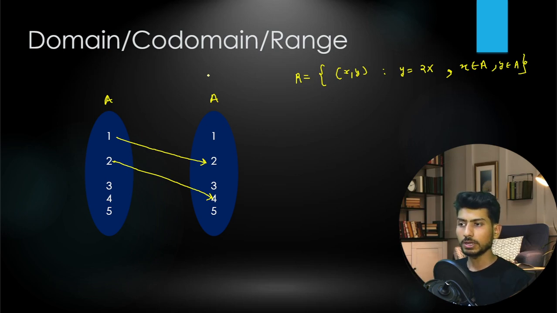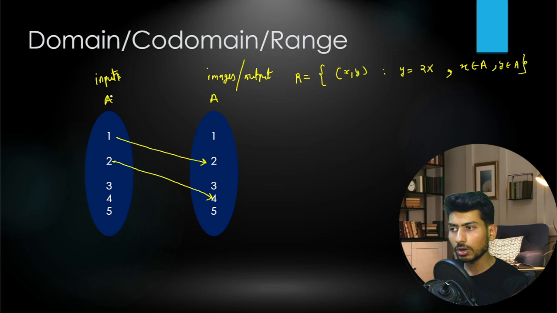The right side is basically called the images and the left side is called the input. Not all the inputs are the domain. I'm going to write here inputs, or you can say images or output here. But among all the inputs, only these two values are the domain because they have an image here. They are going to map with someone.